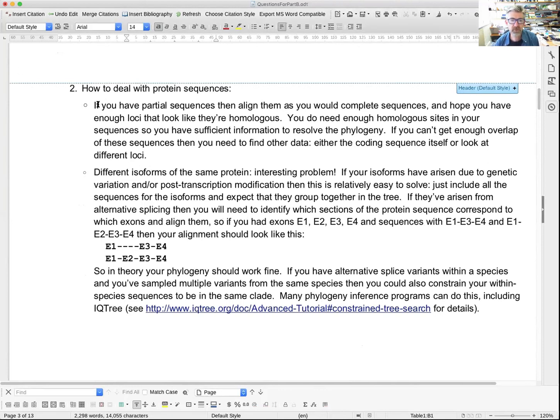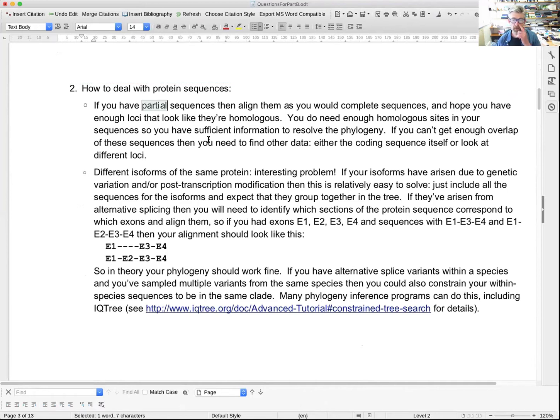If you have partial sequences, then you should align them as well as you can anyway, as well as you would complete sequences. And you need to hope that you've got enough loci that you can align it, so that you can find homologous sites. If you've got enough homologous sites so you can resolve that phylogeny, then you'll be fine.